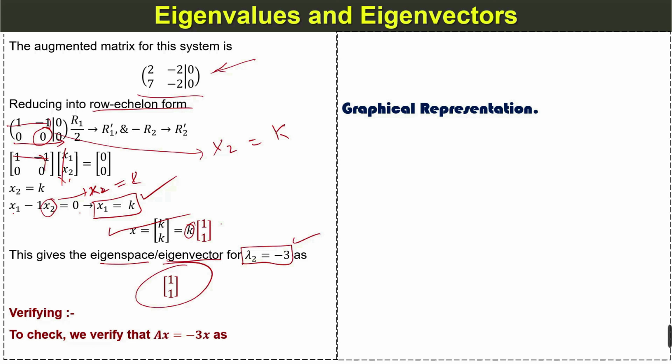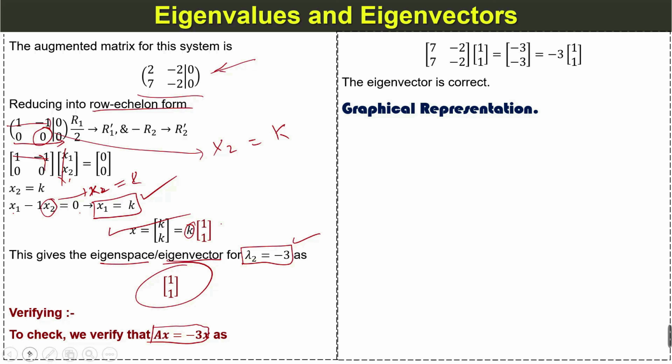Now again we verify to check. We verify that Ax will be equal to -3 times the original vector x. Here we can see that after multiplication, this is -3 times the original eigenvector x, and this shows the eigenvector is correct. Now again the graphical representation.